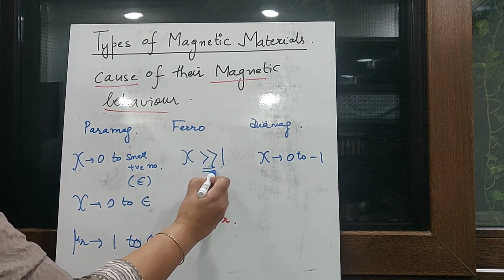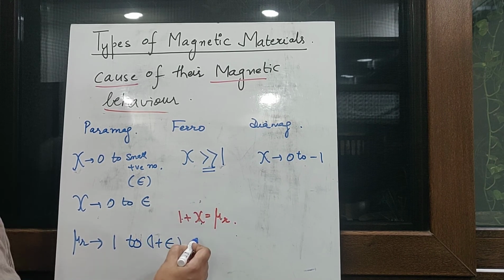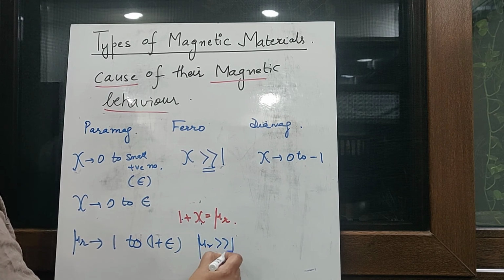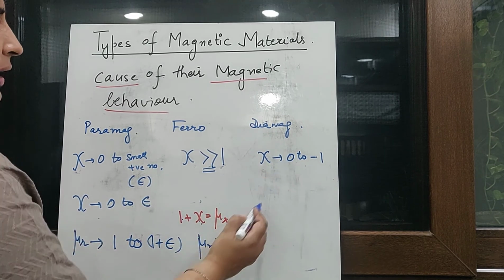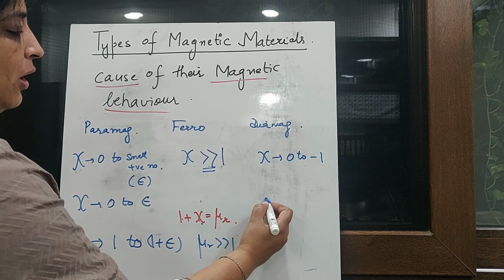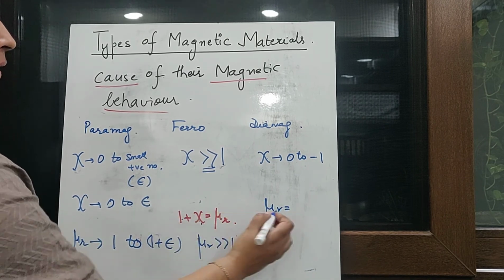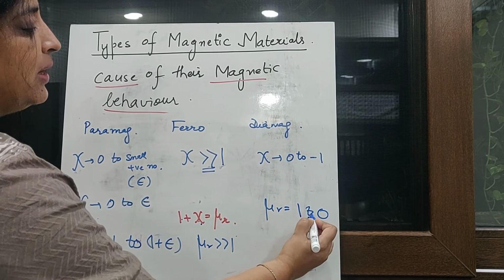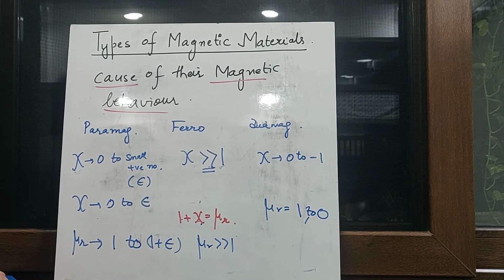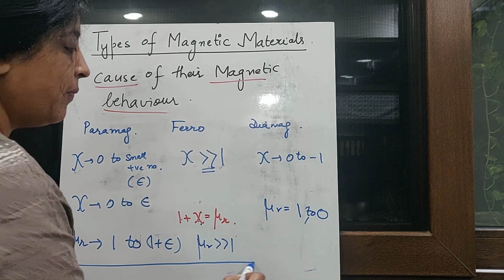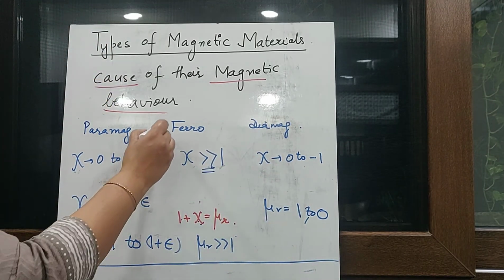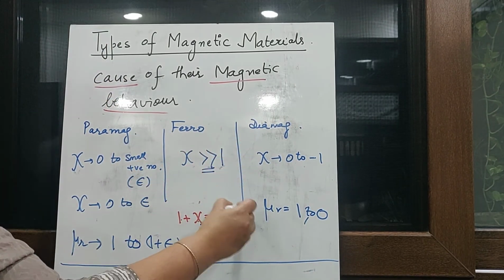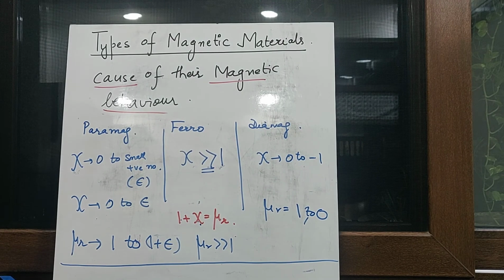And because chi is much greater than 1 here, mu r will be much greater than 1 here. For the third case, when you place chi as 0, mu r will be 1. As minus 1, it will be 0. So it ranges from 1 to 0. So this is how you represent these materials in a tabular form.